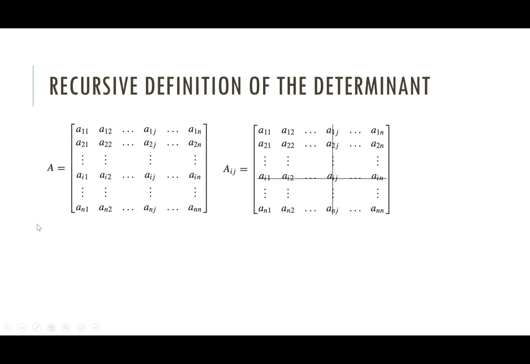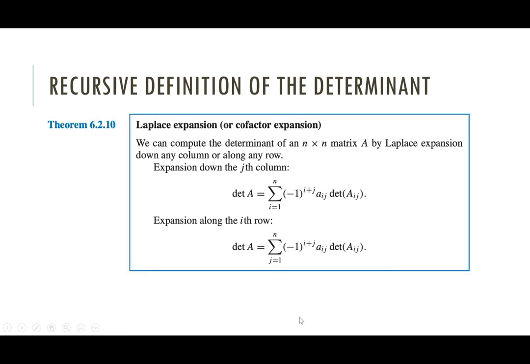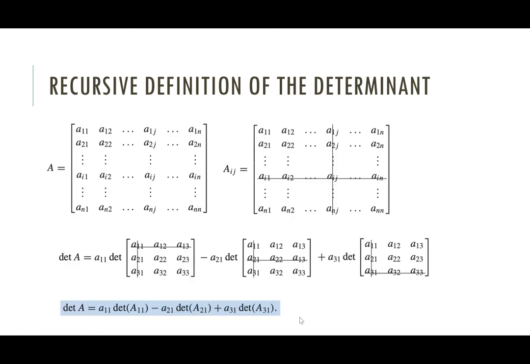Then you can rewrite the determinant of A more compactly as A11 times the determinant of capital A11, minus A21 times the determinant of capital A21, plus A31 times the determinant of capital A31. And in general, the signs alternate: plus, minus, plus.